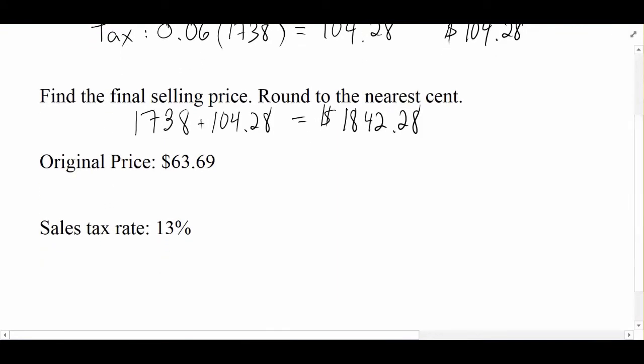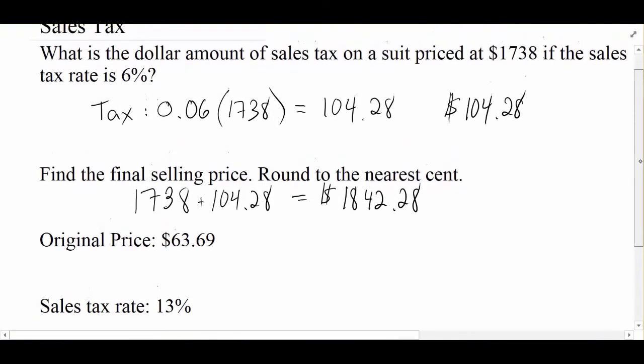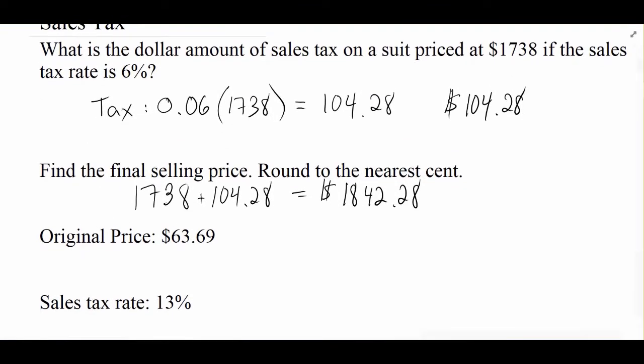Now suppose we have another purchase, and we're at a much worse state in this case, where the sales tax rate is 13%, and our original price was $63.69. Now I want to talk about what we just did in that previous problem and see if we can make it a little bit easier. So we calculated the tax by saying, all right, let me do a little bit of algebra here.